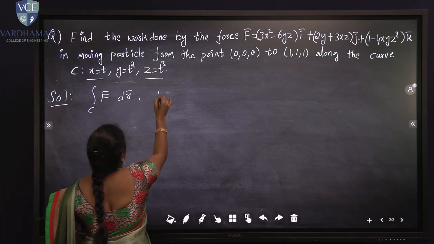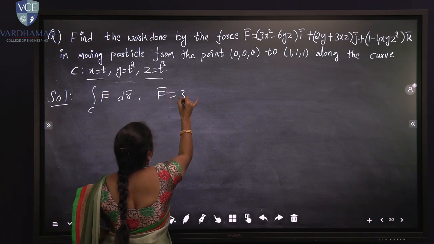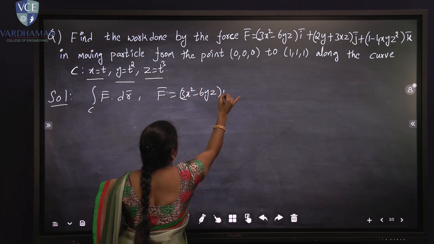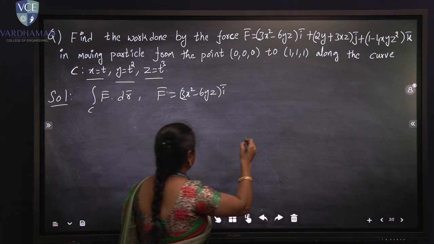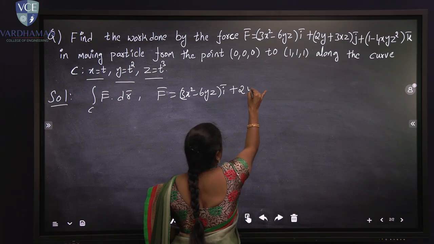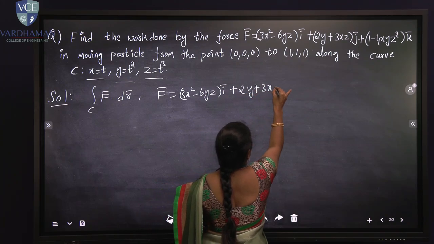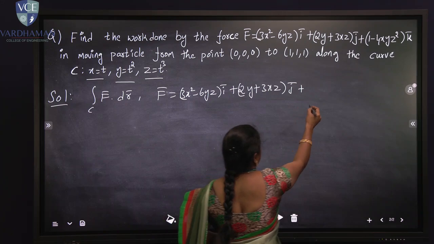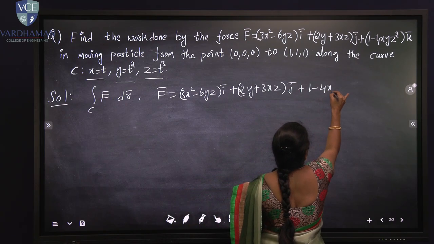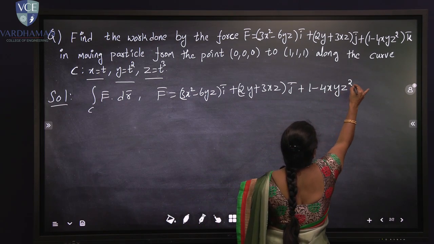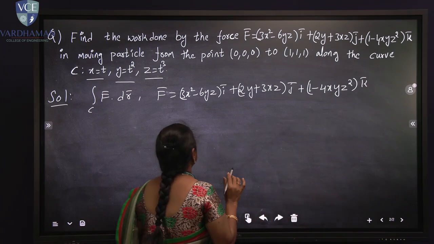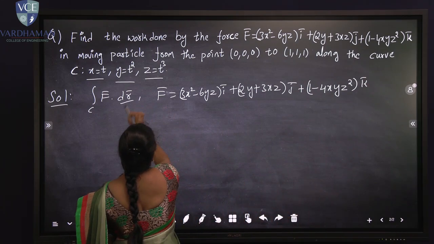So from the question, F bar equal to (3x square minus 6yz) i bar plus (2y plus 3xz) j bar plus (1 minus 4xy z square) k bar. This is F bar. Now dr bar.